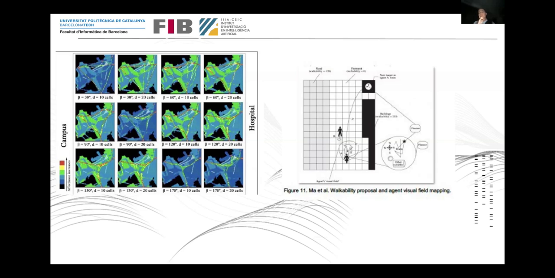As an example, a wall will not be walkable. A pavement that is a little bit different might have a walkability of 0.7, or a pedestrian sidewalk will have a walkability of 1. We have to remember that they were working in urban environments.